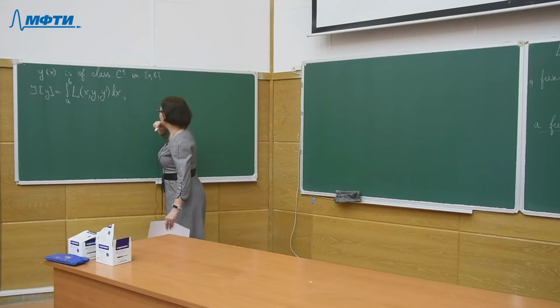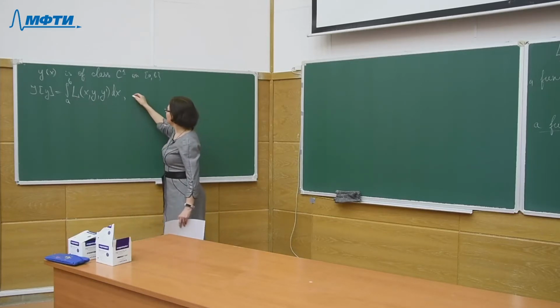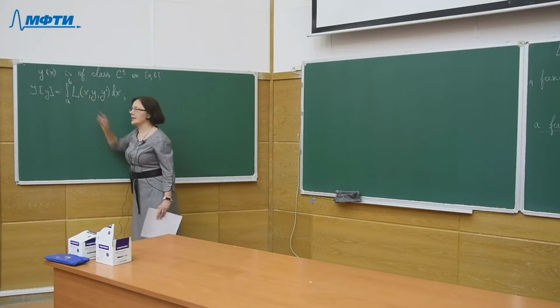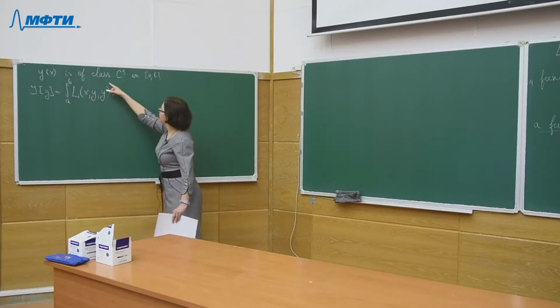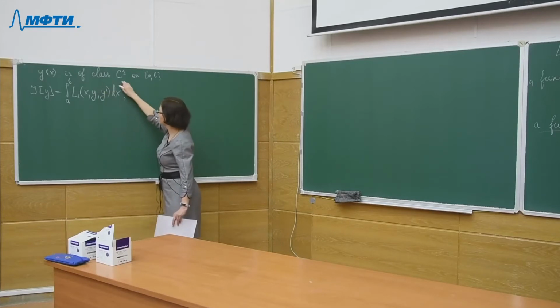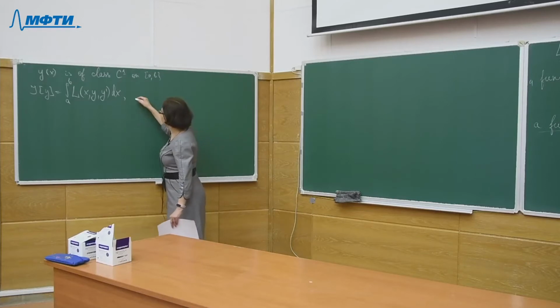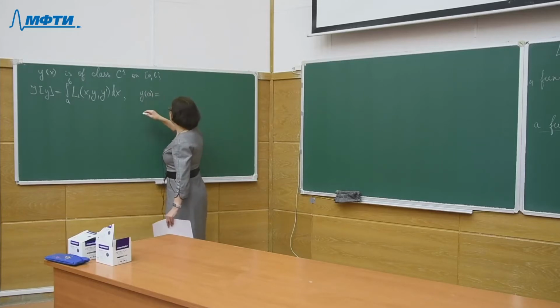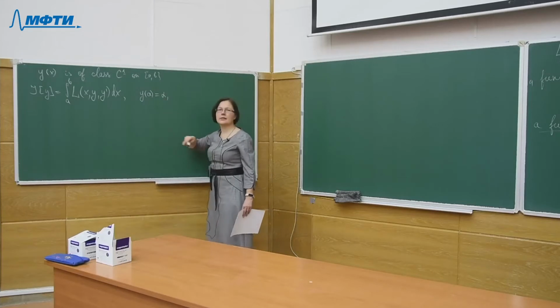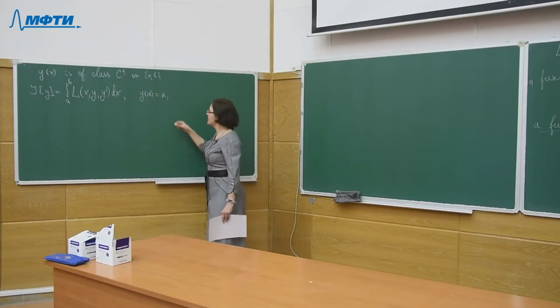It will also be of class C1. And we fix the endpoints. So we will look for the functions y of x which are of class C1 and satisfy boundary conditions. So y of a must be equal to some value alpha. It is fixed. a and alpha are fixed.